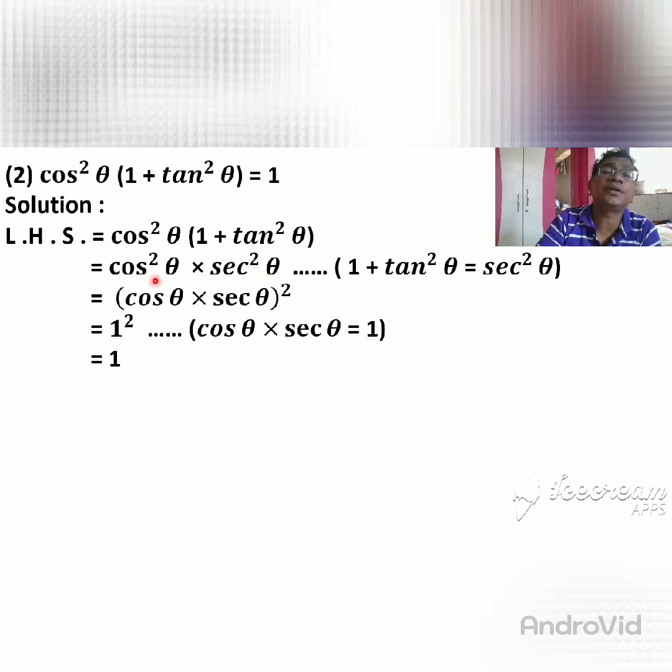Then cos square theta and sec square theta both have the same square, so that can be written as cos theta into sec theta, bracket square. Cos theta into sec theta is equal to 1, so I write 1 and bracket square. So 1 square is equal to what you get? 1.